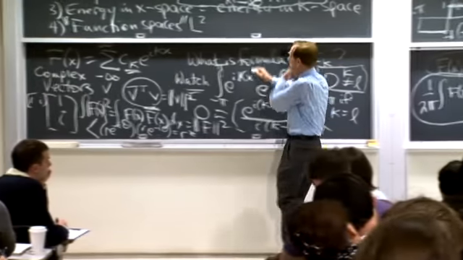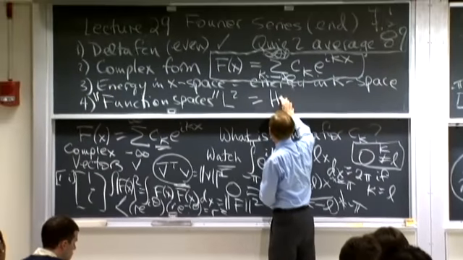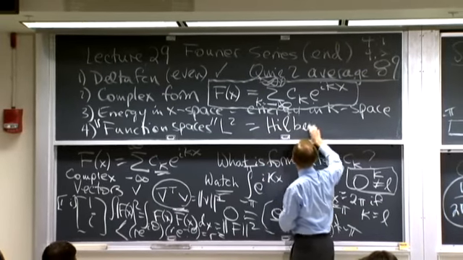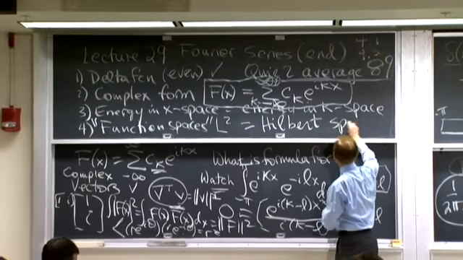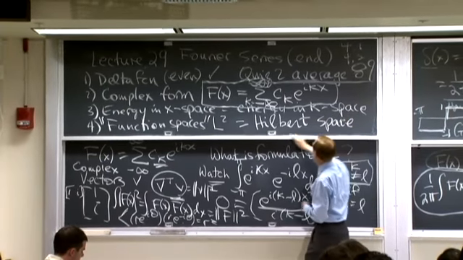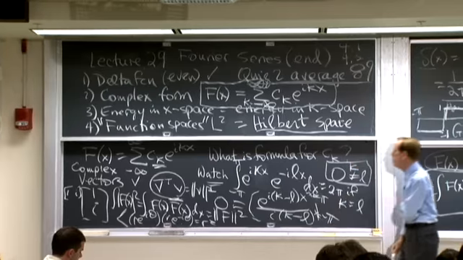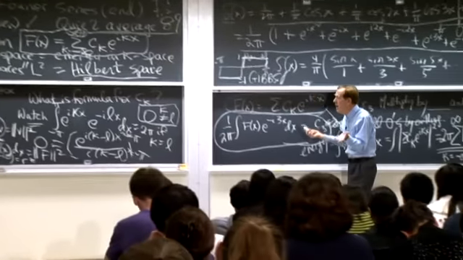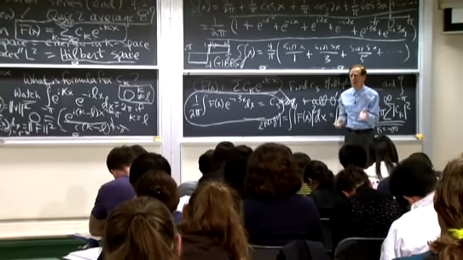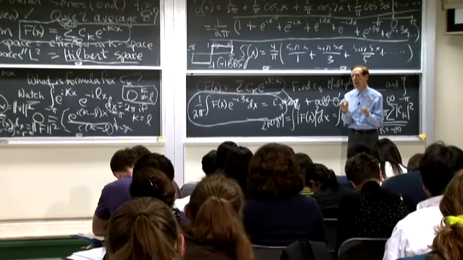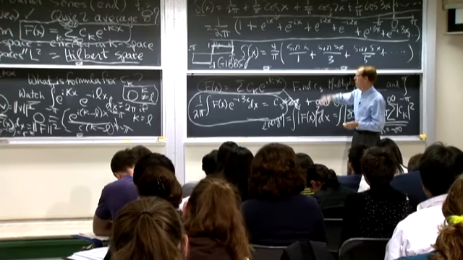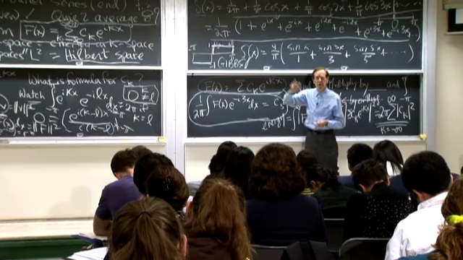Everybody calls it Hilbert space, after the guy Hilbert. I don't know if you've seen that name before. It's the space of functions with finite energy, finite length. So this function is in it, the delta function is not in it.